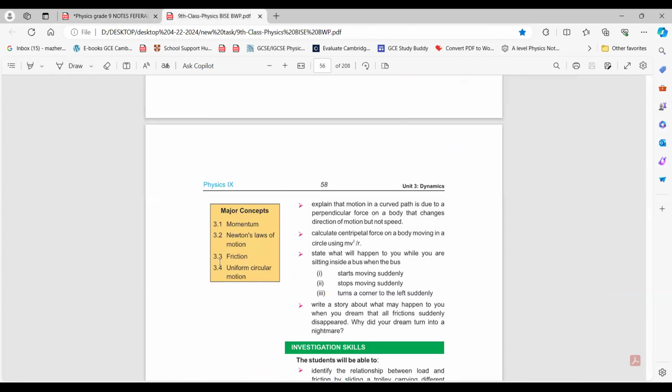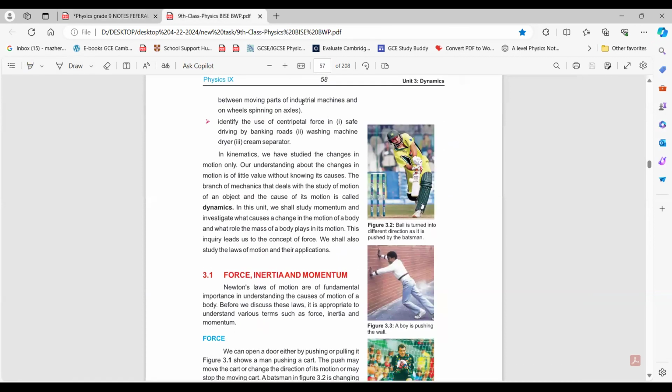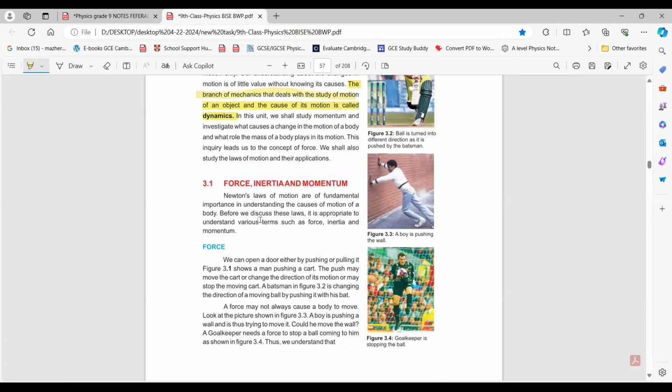Okay? If I take you to the other book, they have given the same definition, just for you guys to understand. The branch of mechanics that deals with mechanics, we studied it, the study of motion, cause and dynamics. Okay.